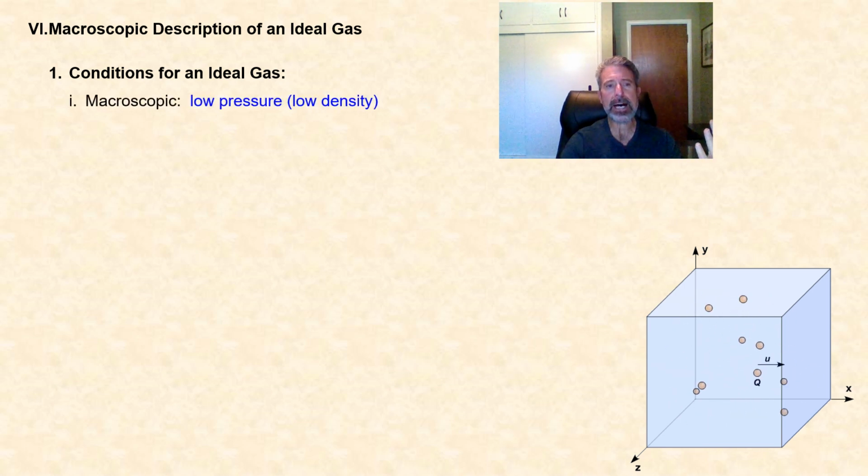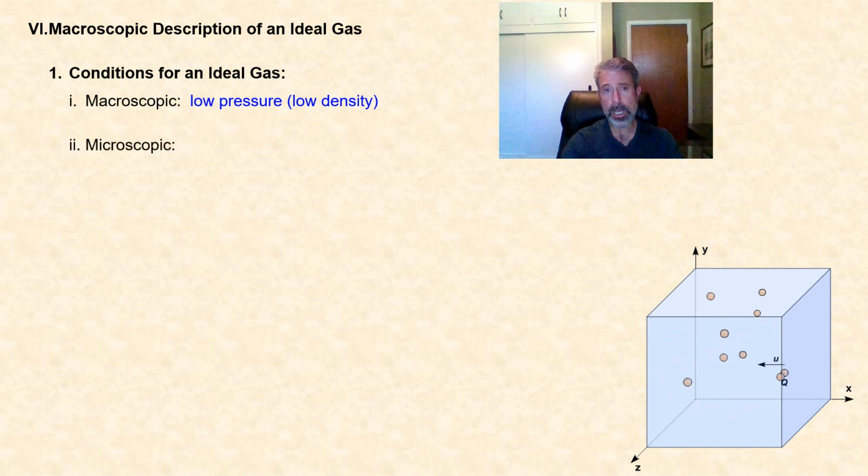If you have a gas which is at low pressure, a very low density, then we can make the approximation that that gas is an ideal gas. The truth is we never have exactly an ideal gas. It's just a question of how good the approximation can be. But for a gas that is at a very low pressure and low density, we can consider that gas to be an ideal gas.